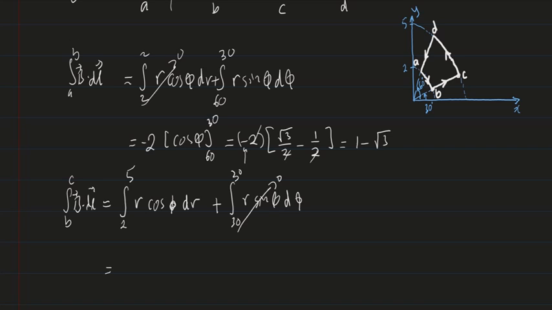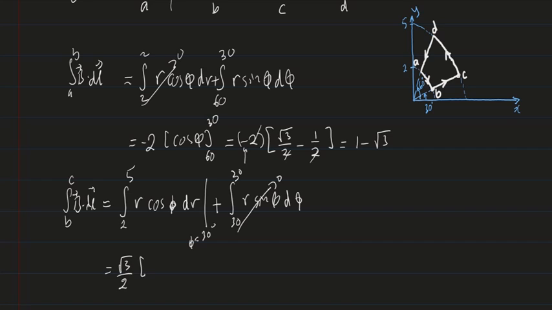So this is simply now, phi in this case is constant and it's equal to 30 degrees. So cosine 30 is square root of 3 over 2.